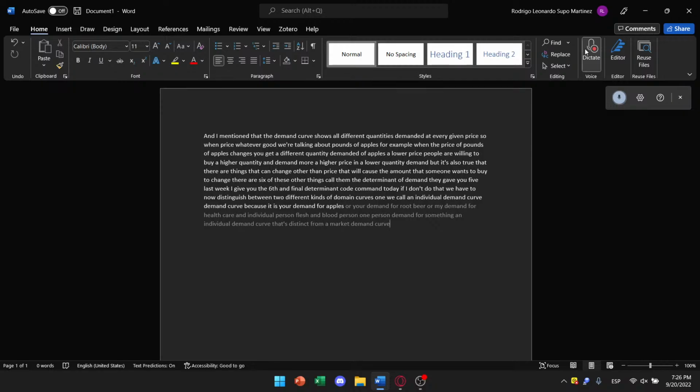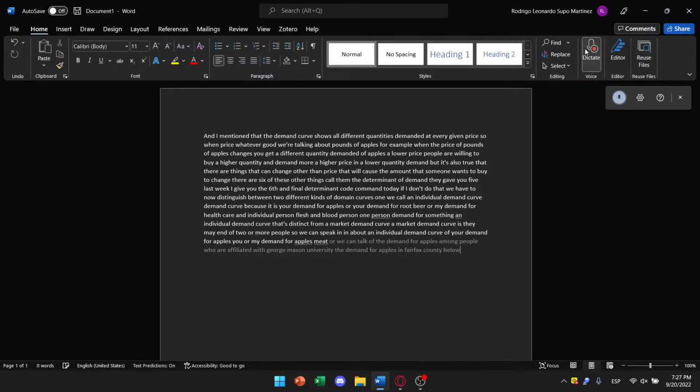A market demand curve is the demand of 2 or more people. So we can talk about an individual demand curve, your demand for apples, or my demand for apples. Or we can talk of the demand for apples among people affiliated with George Mason University, the demand for apples in Fairfax County, the global demand for apples.